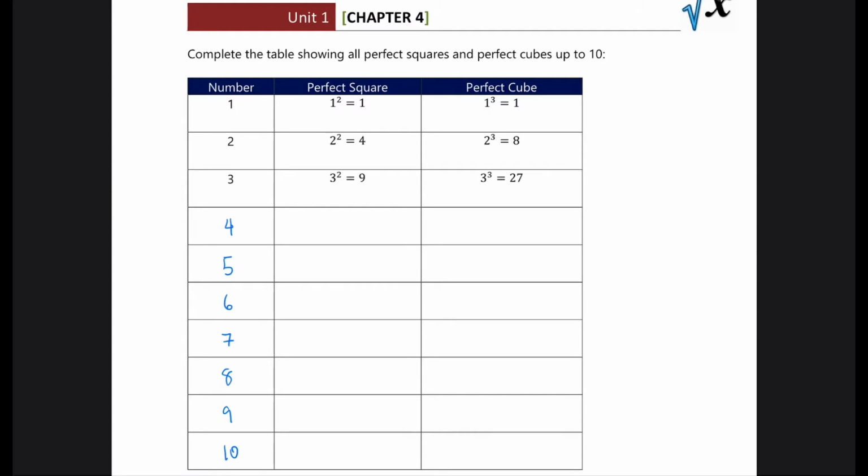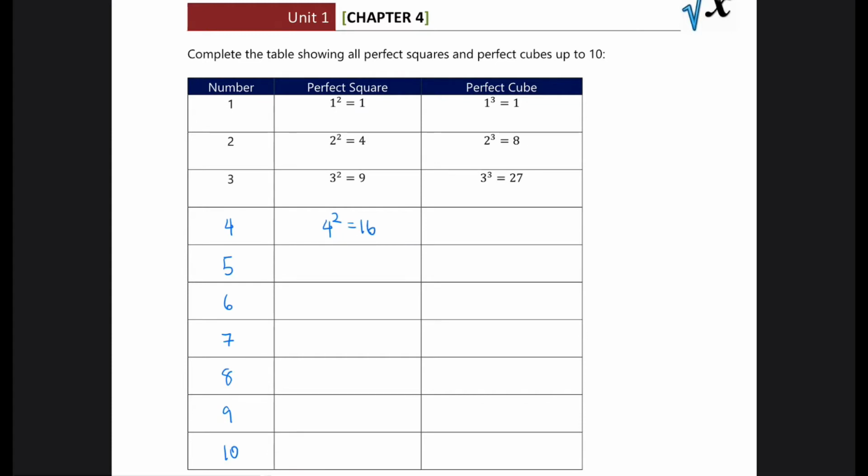And when we're filling in the perfect square column, I would like you to try writing this in the exponential form first and then evaluate it. That means that we're looking for 4 squared equals 16.